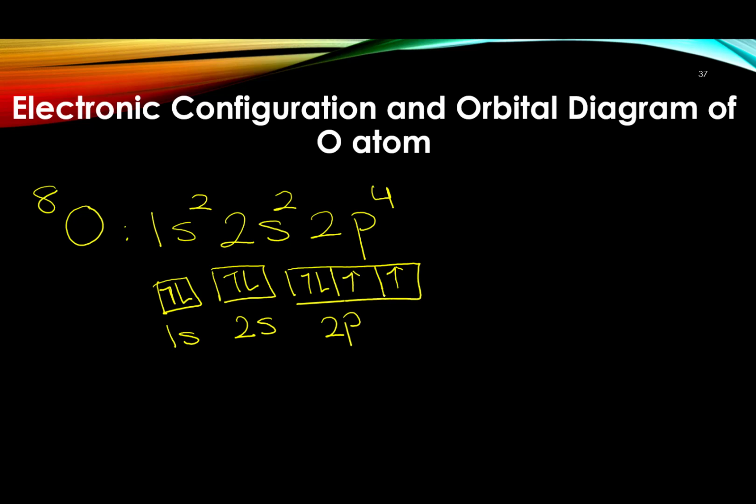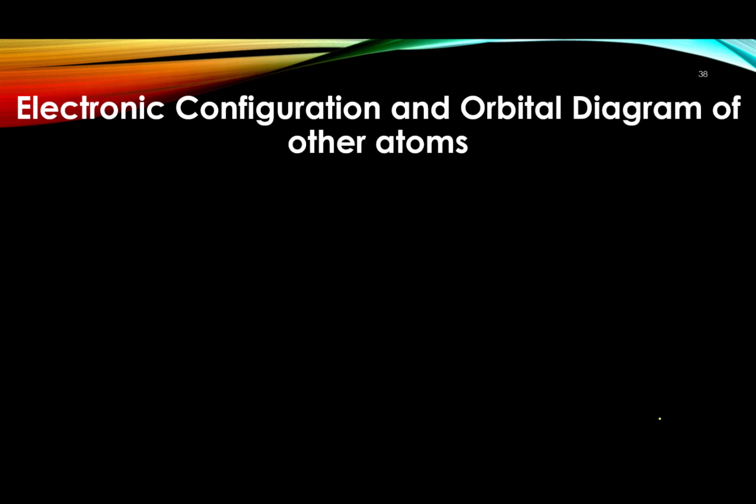Now, we're going to continue writing it, for example for fluorine. Okay, let's do fluorine, which has 9 electrons. Then it's going to be 1s2, 2s2, 2p5.